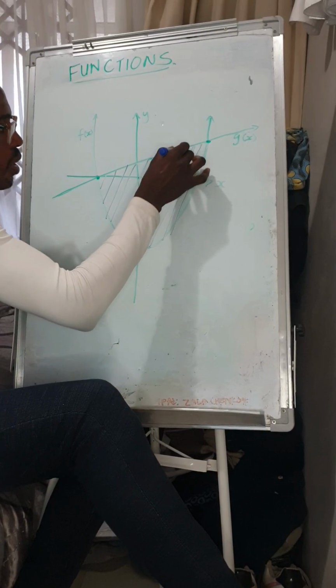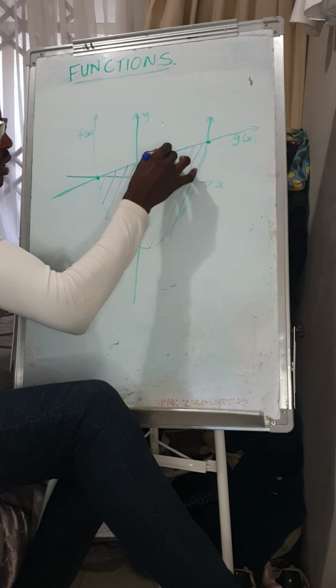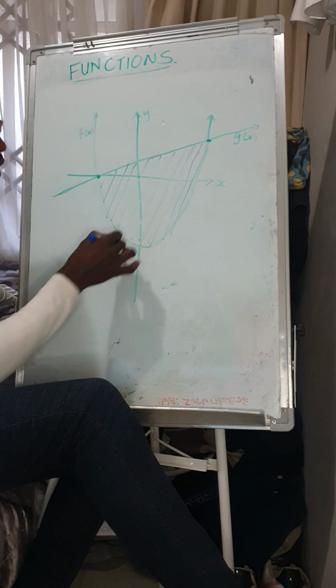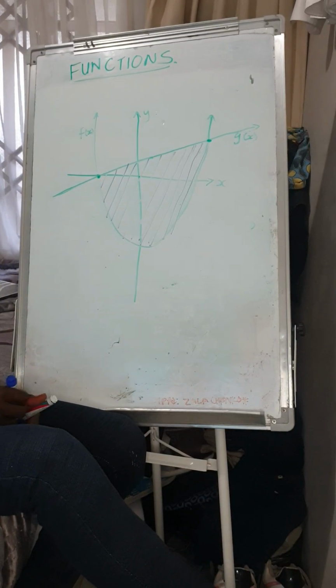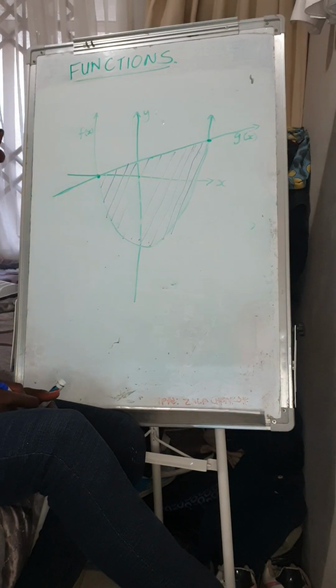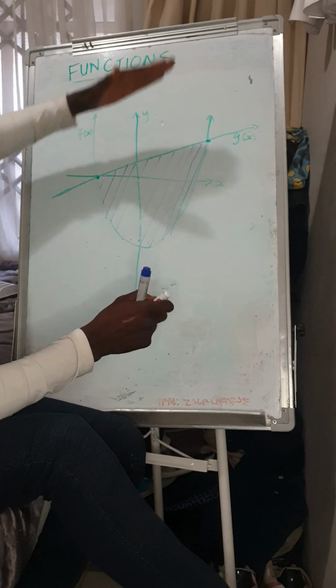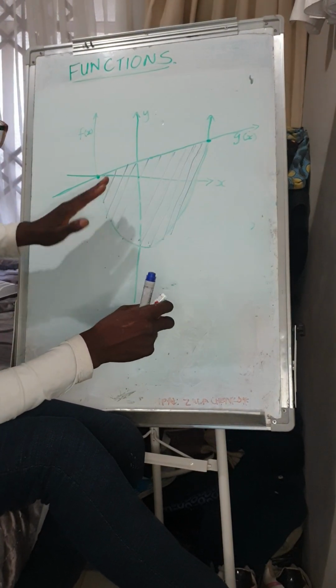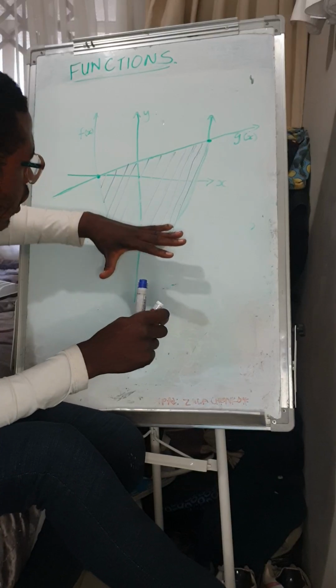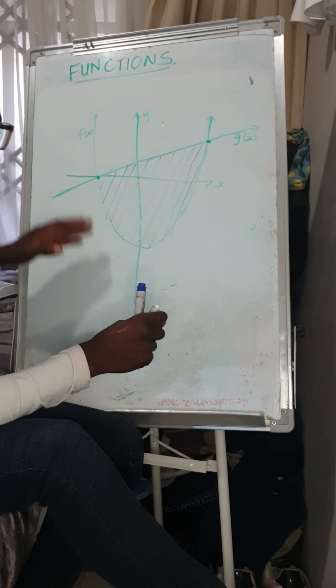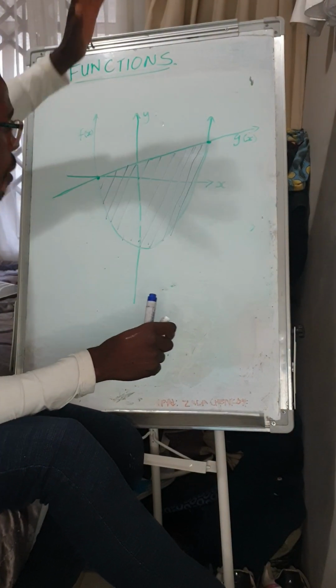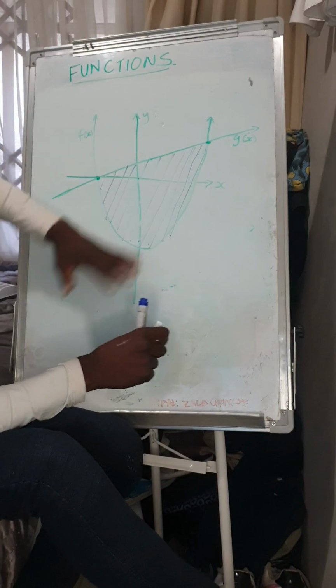They say the space that is under the curve. So all that part that I showed there, g of x is greater than f of x. Why? g of x is above this portion, which we shaded, and that is part of f of x, so g of x is above that portion.